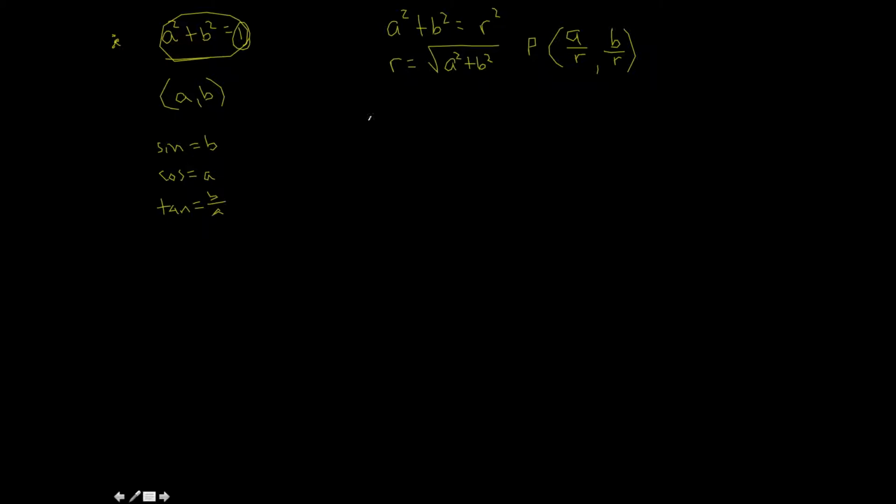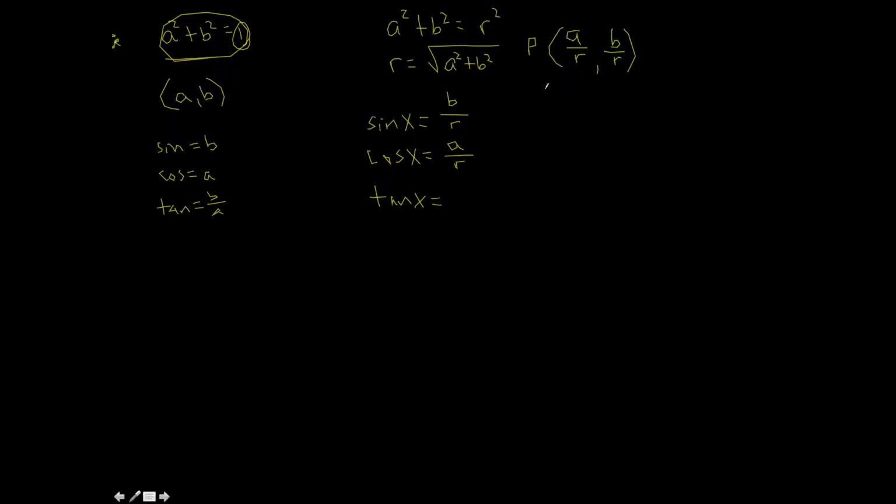So we would say that sine of x now is b over r instead of just b. Cosine of x is going to be A over R instead of just A. Now tangent is still going to be y divided by x.